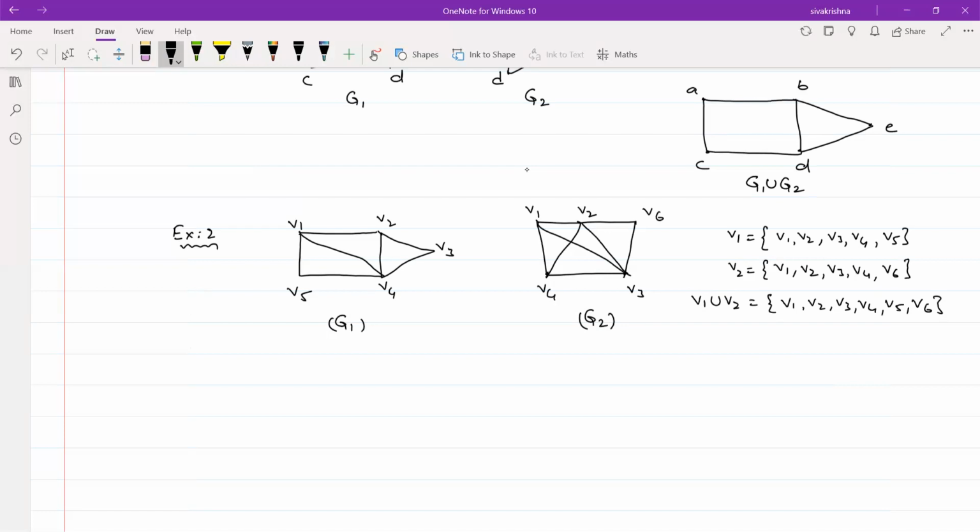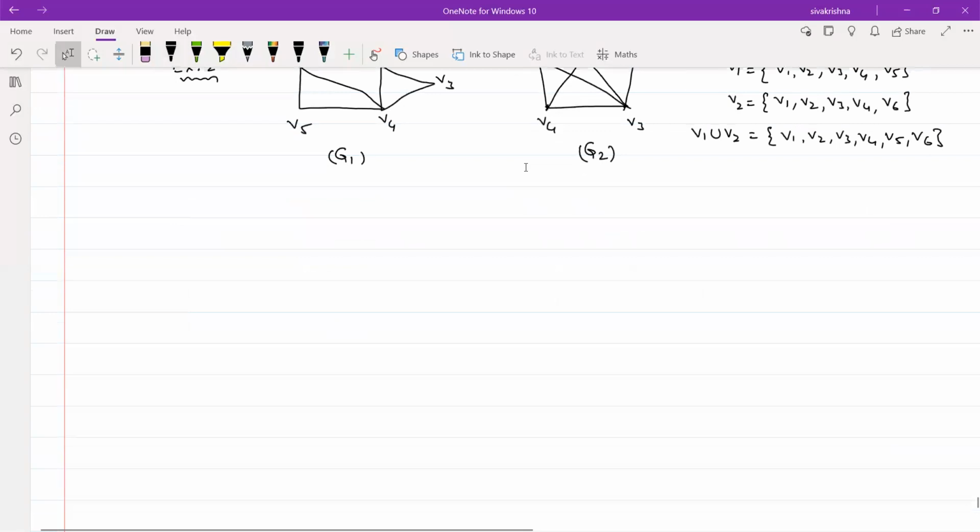So the graph we are going to draw, G1 union G2, contains 6 vertices. So I am representing the 6 vertices of that graph: 1, 2, 3, 4, 5, 6.